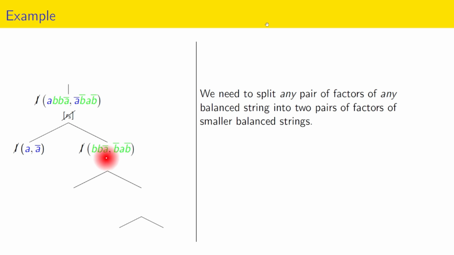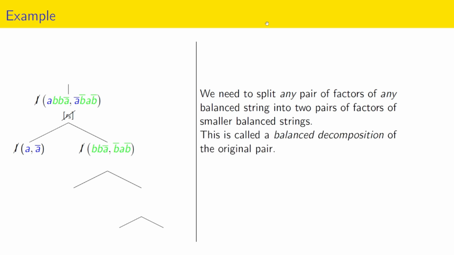So these 2 pairs form a balanced string, and these 2 pairs form another balanced string, and both strings are smaller. This is the key point, because if you get smaller strings, then you, of course, can improve things by recursion or induction, right? So the key point now is really to find a general way of, whichever pair I'm given, which is balanced, splitting it.